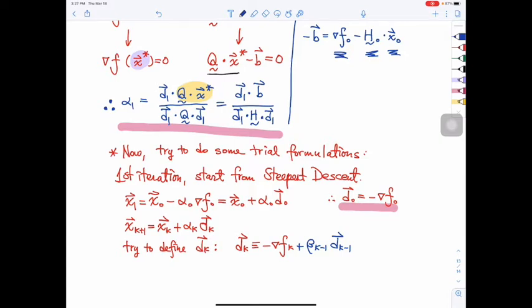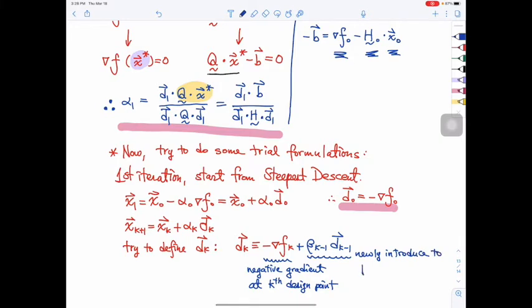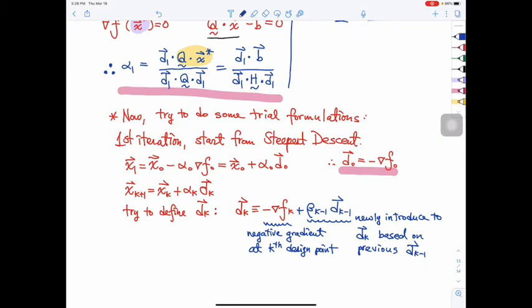We still evaluate the negative gradient at the kth design point, and this is newly introduced to dk based on the previous dk minus 1.